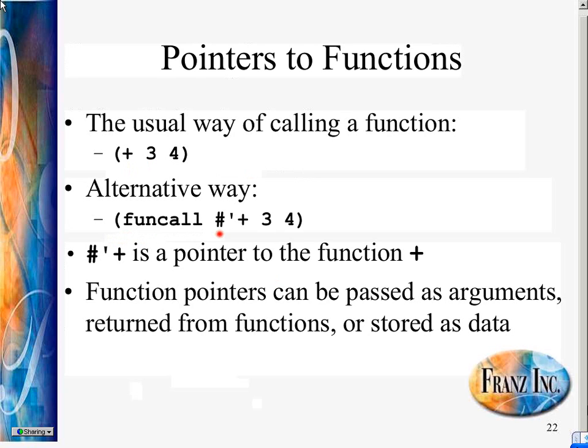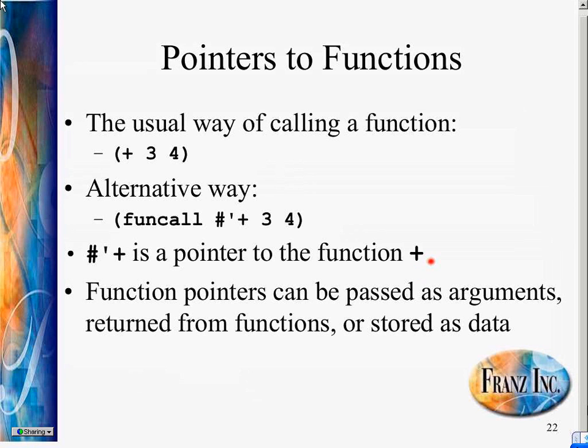One of those functions is called funcall, obviously short for function call, and it takes the function object and then the arguments. There are various ways to represent the function object, but the simplest way is hash or number sign, quote, then the function name. And that produces a pointer to the function object named by plus.